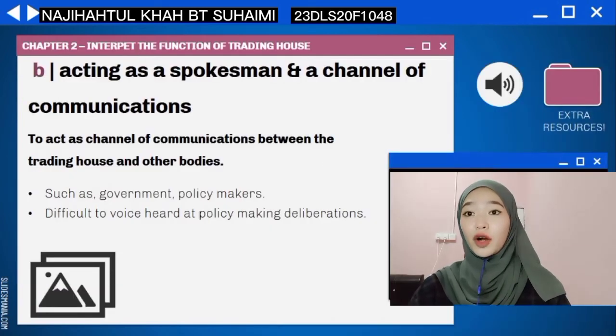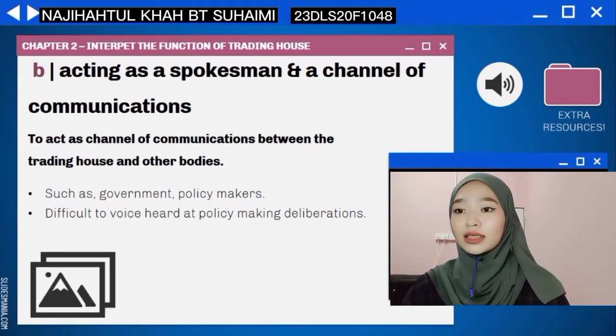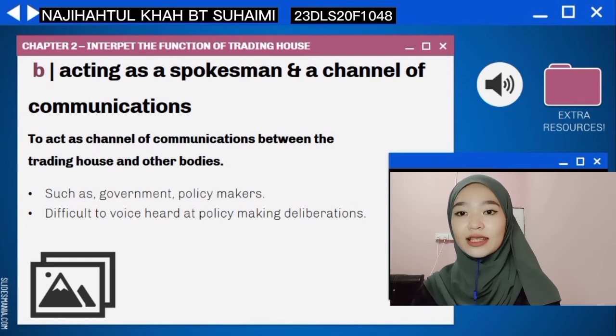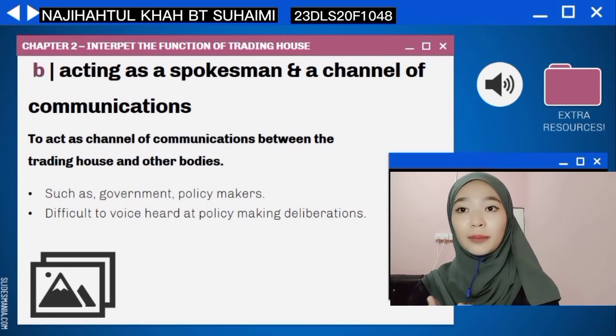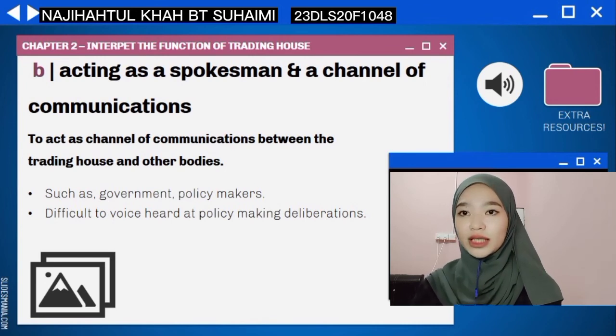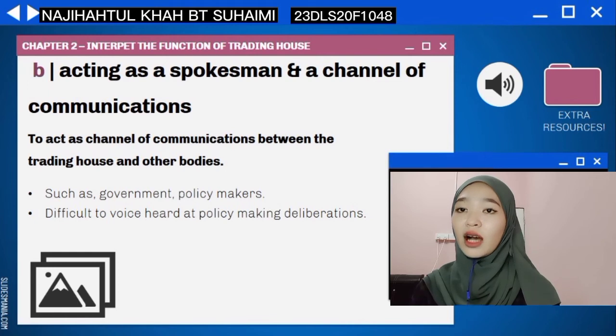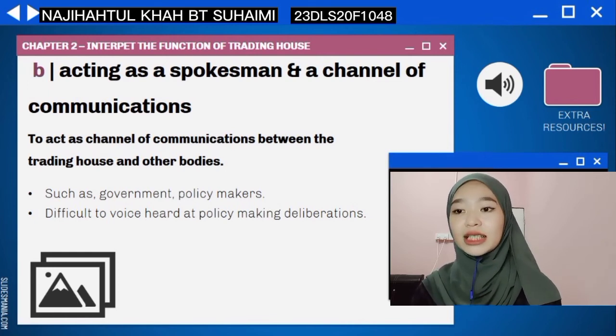Another function of a trading house, acting as a spokesman and a channel of communication, is to act as a channel of communication between the trading house and other bodies, such as government, policymakers and the media, as well as various national and international institutions.